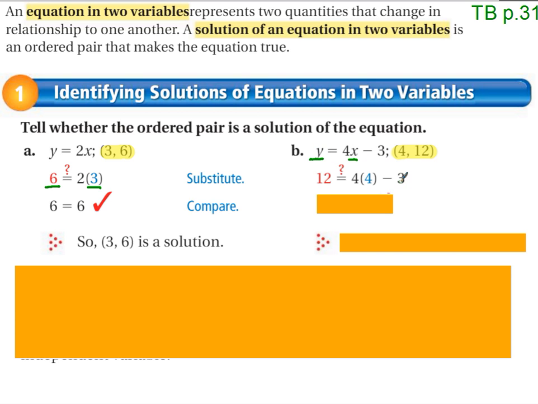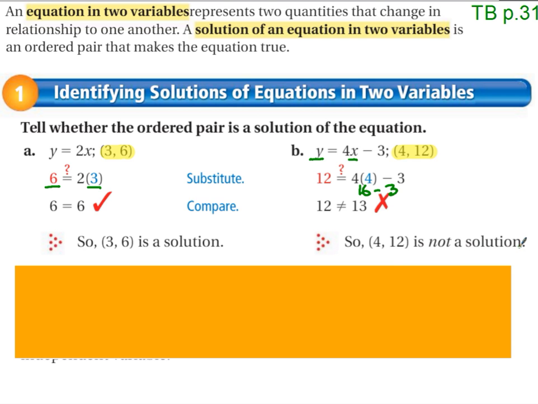So, substituting my values in, I get 12 is equal to, and a question mark because we're not sure yet if it's true, 4 times 4 minus 3. 4 times 4 is 16. 16 minus 3 is 13. 12 is not equal to 13, so the ordered pair 4, 12 is not a solution.